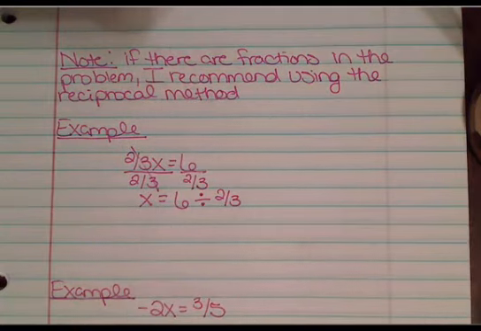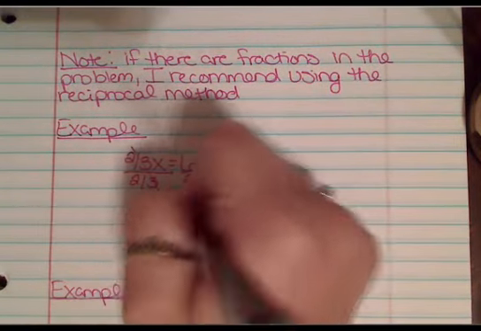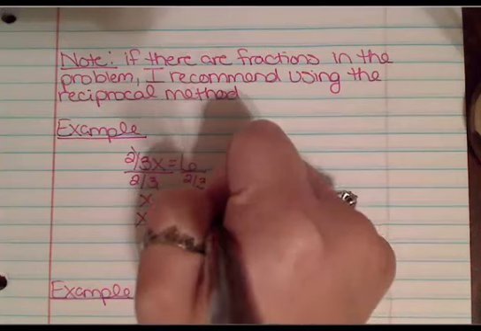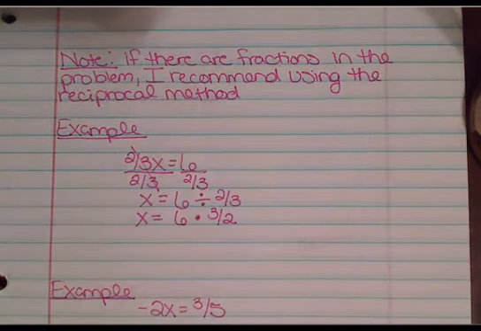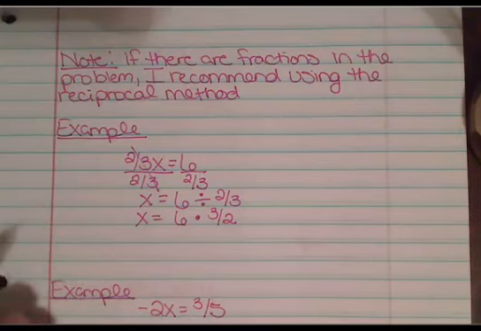Now you have to be good with your fractions in order to do this using the opposites method, because when you divide by a fraction, you have to remember the rule is that you are flipping your fraction and then changing your sign from division to multiplication. So if you're not good with your fraction rules and you don't remember that, that's why this one can be harder this way.